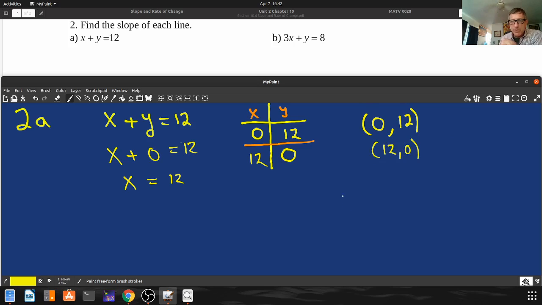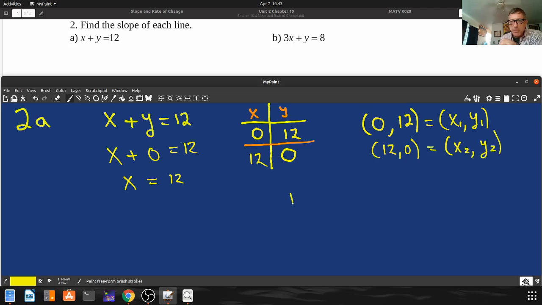So the slope, if you want, I'm going to do it this way. I'm going to say this is x1, y1, and this is x2, y2.